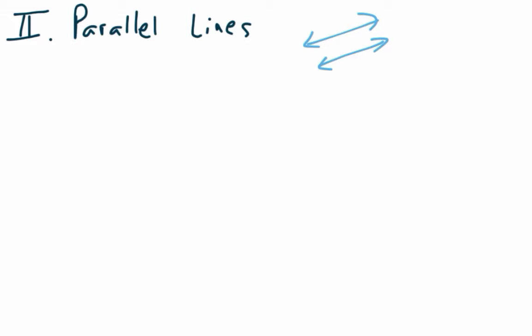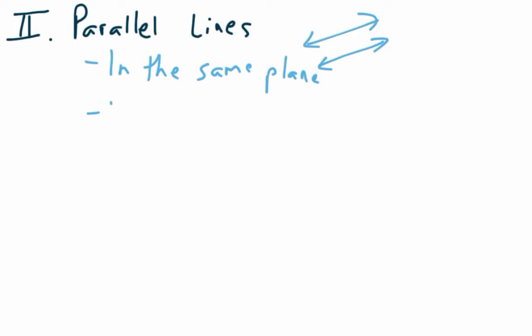So parallel lines, I don't plan to ask you to define it. I probably shouldn't say that because I'm pretty sure that's one of the I can statements. But it's in the same plane. In other words, if I had a line that was like left and right on the floor below our feet, and then I had one that was like up and down on the wall, those are on two different planes, the floor and the wall, so they can't be parallel, even if they were both left and right.